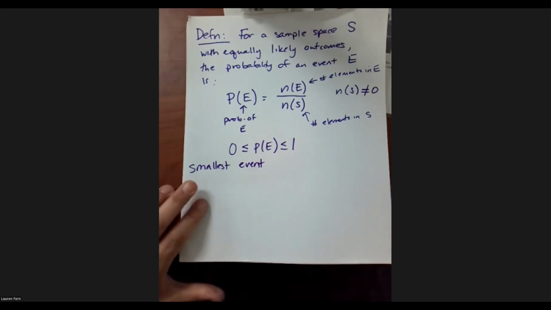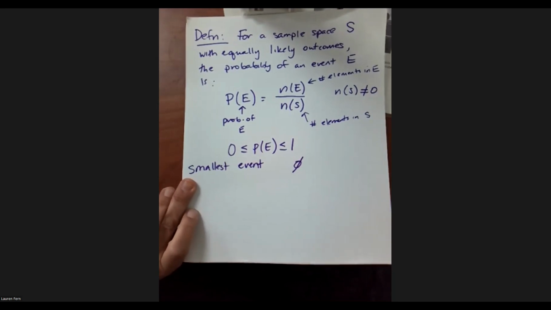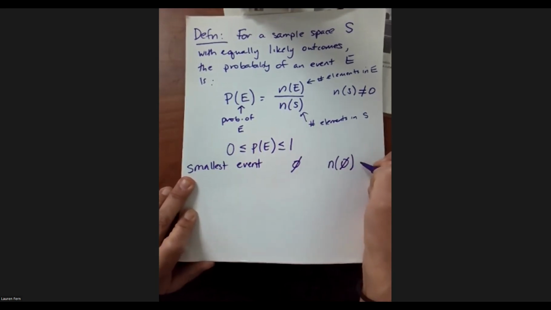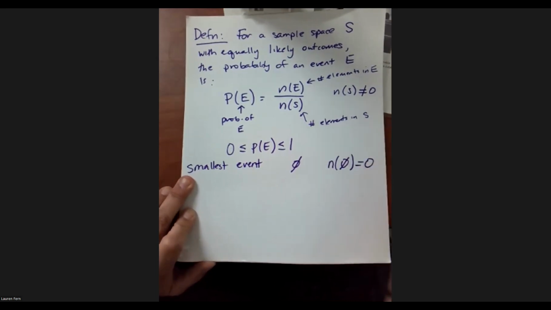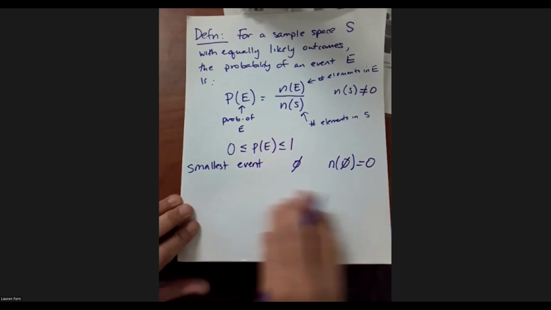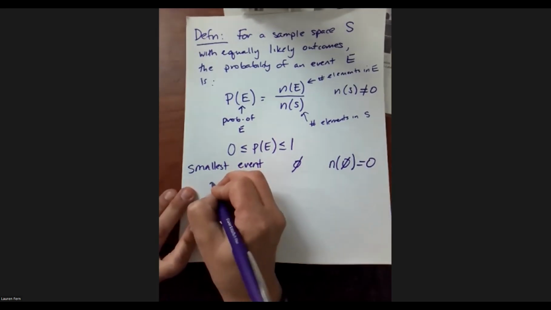Nothing. So the smallest an event can be is the empty set, right? Nothing. And I think you'll grant me that the number of elements in the empty set is 0. There's nothing in there. Okay. And you don't have to write this down necessarily, but I want to show you how this works.